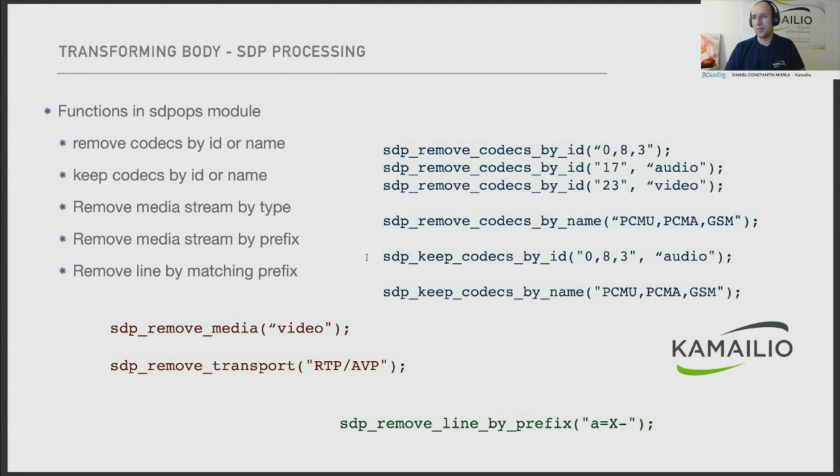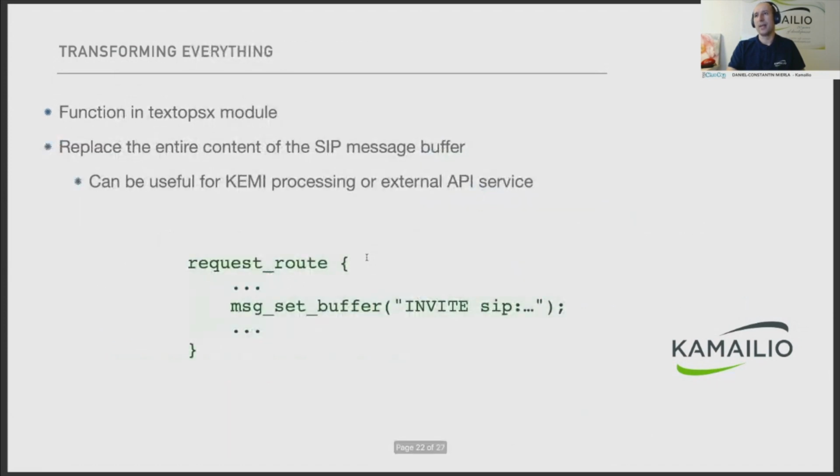So if you want to remove the unencrypted RTP packets, you can use sdp_remove_transport RTP/AVP. Then removing by prefix could also be useful as one function execution. The alternative is to go through the iterator. This is an older function, while the iterator, as I said, is a newer addition.